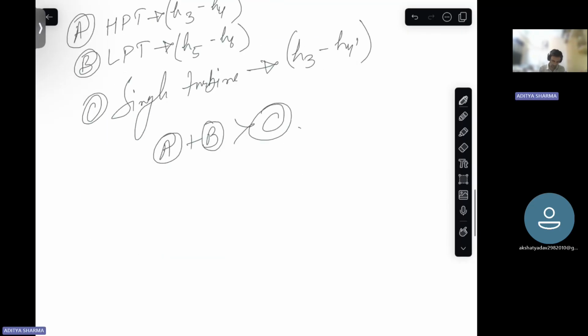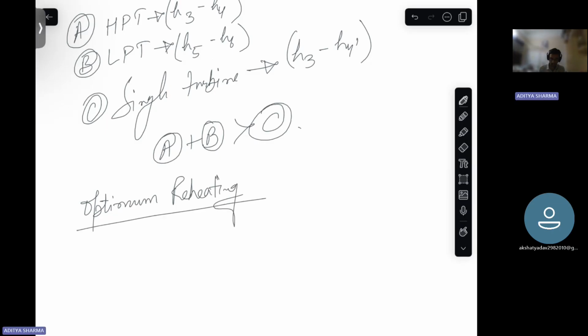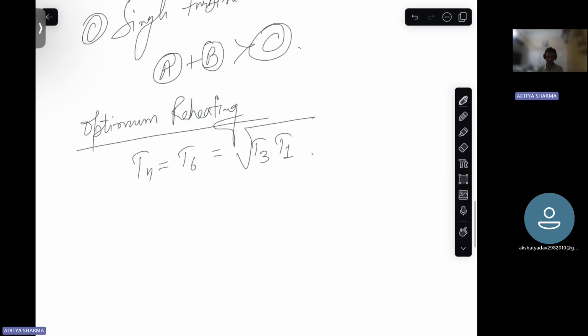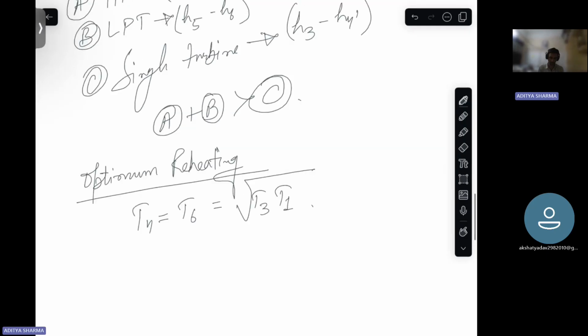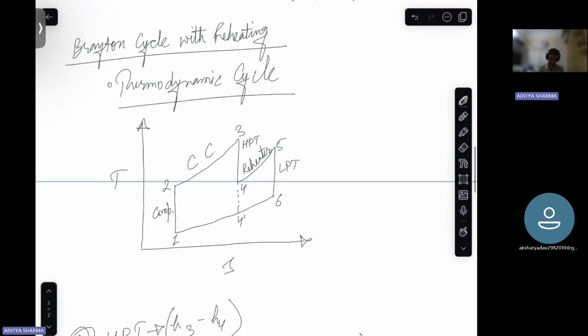And condition for your optimum reheating is the T4. This is your condition for optimum reheating, right? T4 is equal to T6.